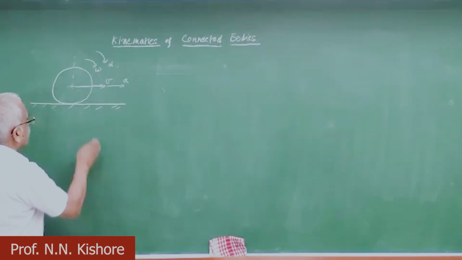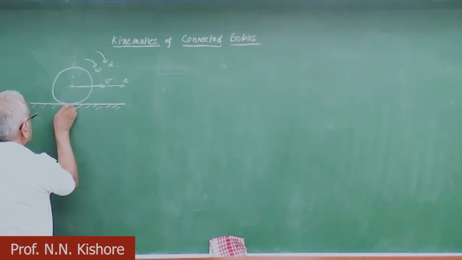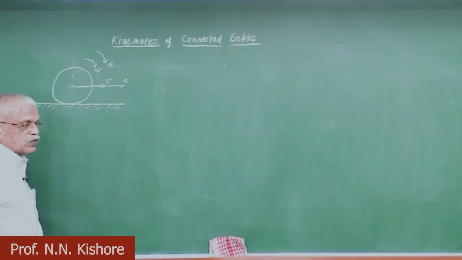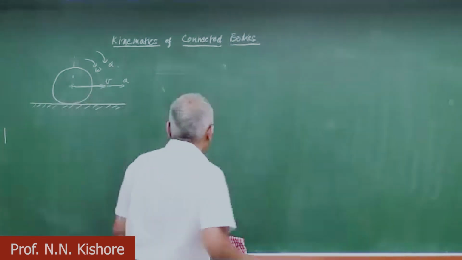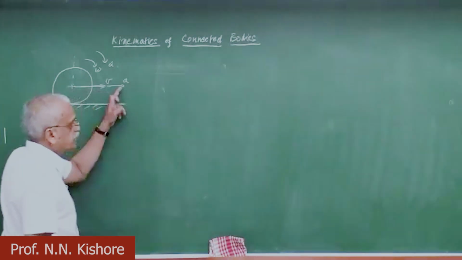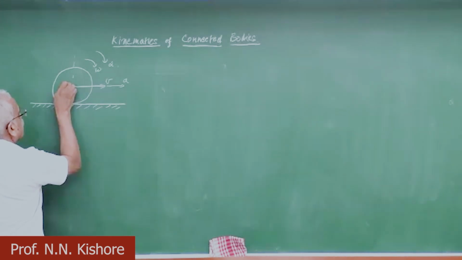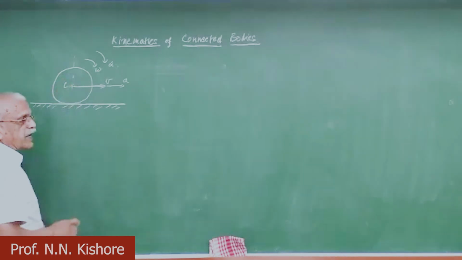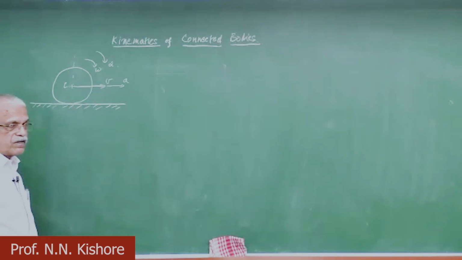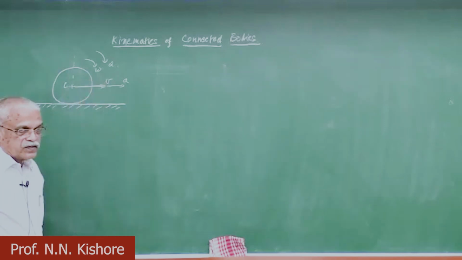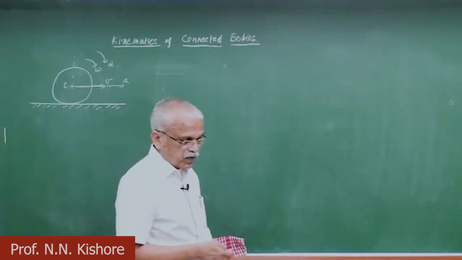So there's a disk here which is rolling on the ground, and the center has a velocity v. And then you would like to analyze the velocities and accelerations of various points.